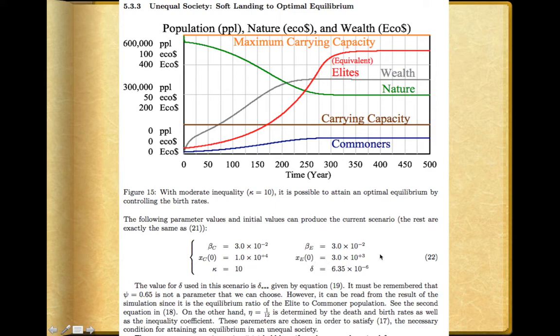Kappa was reduced to 10, so inequality was reduced, and the production rate was kept close to, this delta is close to the optimum. So you need to keep an eye on this production rate. This combination of conditions, more commoners, more elites, so a bigger population, less inequality, and these birth rates were able to produce this sustainable scenario.